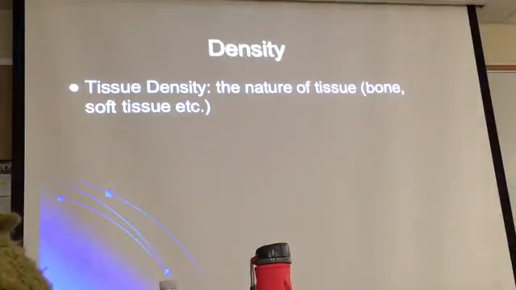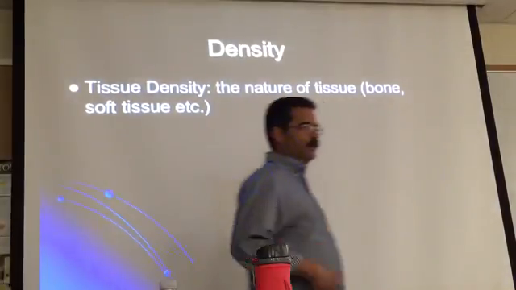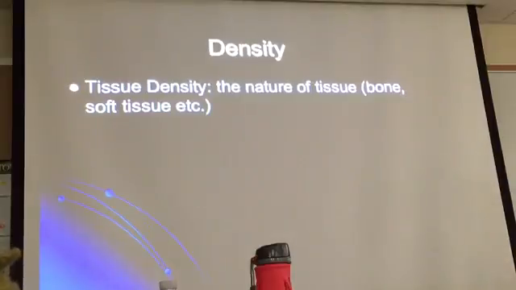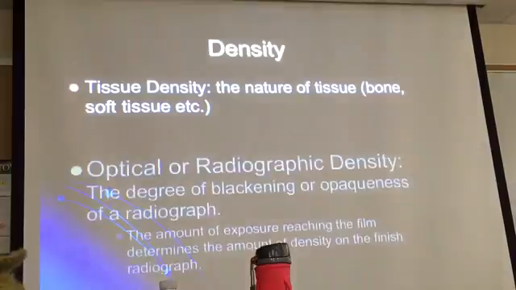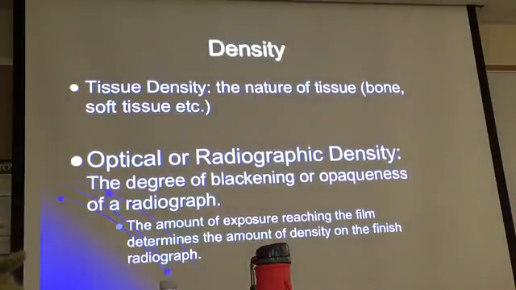Okay, so density. You need to clarify if you're talking about tissue density or radiographic density. We did this earlier. If you're talking about tissue density, that refers to the nature of the tissue.